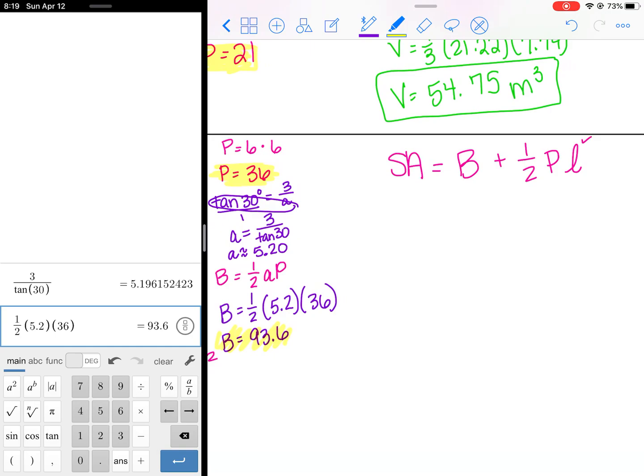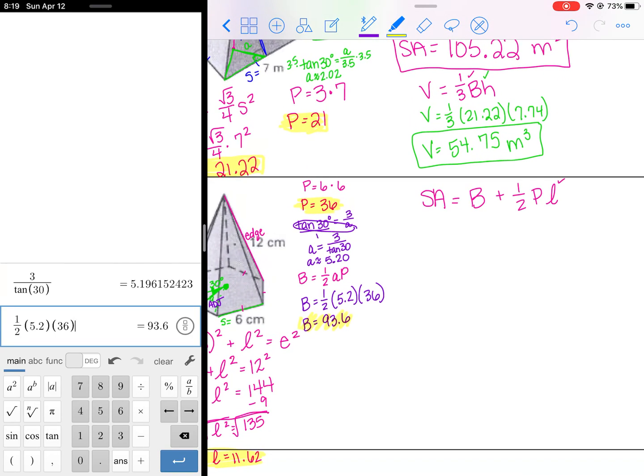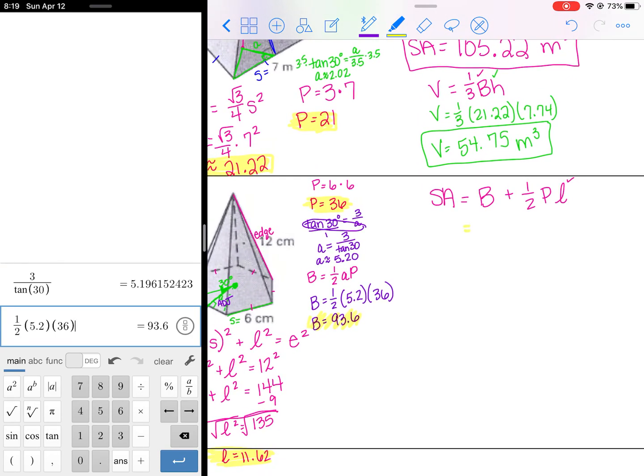All right, so taking these numbers that we found and plugging those in, the area of the base was 93.6. I need to add that on to the area of each of those little triangles. So I'm going to do 1/2 times the perimeter, which was 36. I already found that to find the area. And then the slant height, which was 11.62.